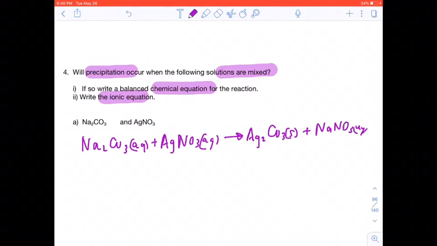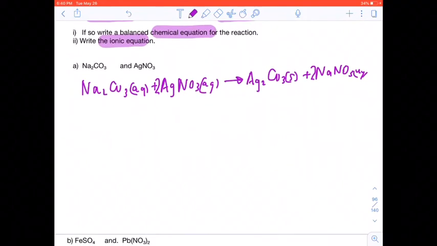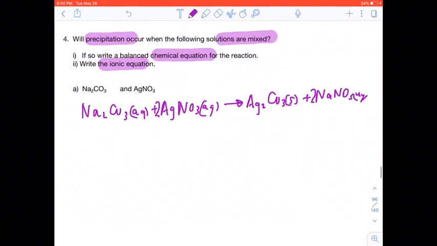Right. If we have to balance this equation, we got 2 sodiums, so it will have to be 2 there, and then that will have to be 2 there, which is then balanced. And if we look at that, yes, it's balanced. That's our molecular equation.